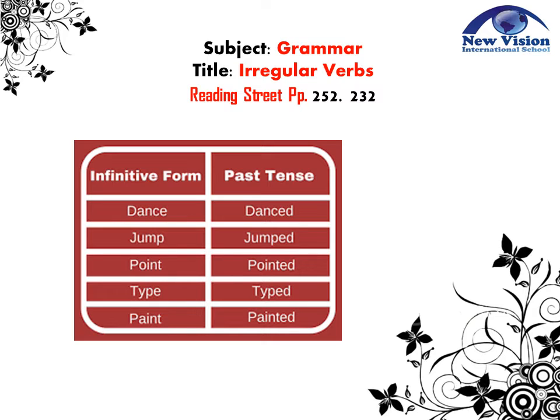What do you notice in the second column? Look at these verbs again. What do you notice? Yes, all of these verbs what? End with ed. Ed means that the verb is in what? In the past tense. For example, I jumped yesterday.